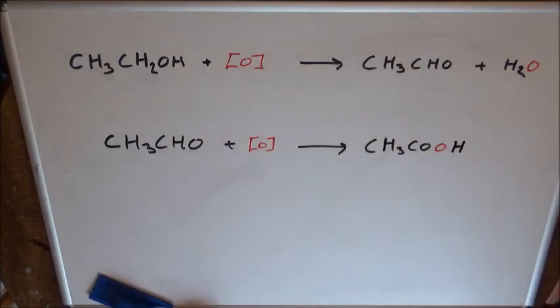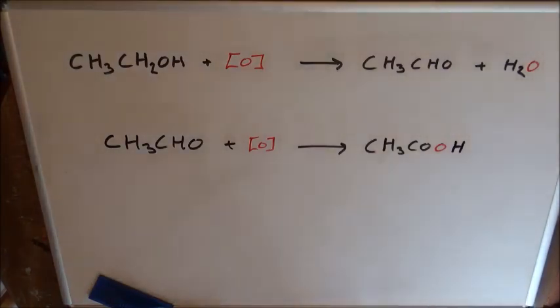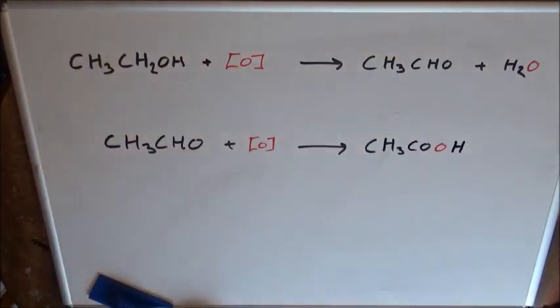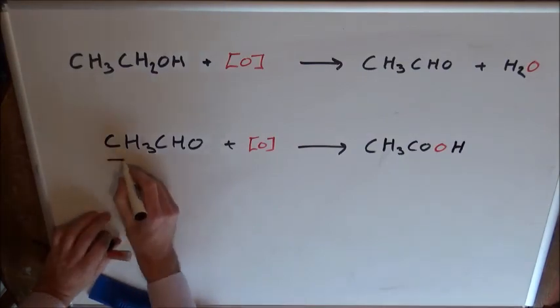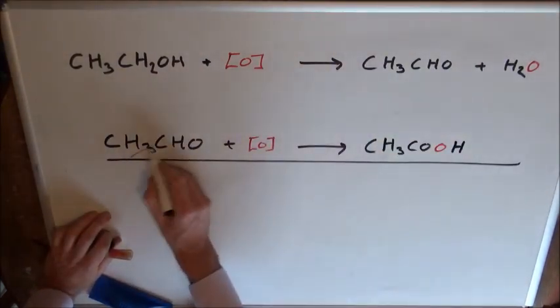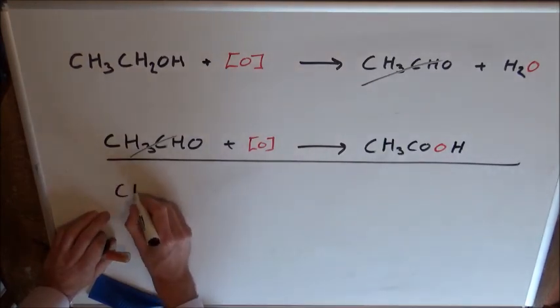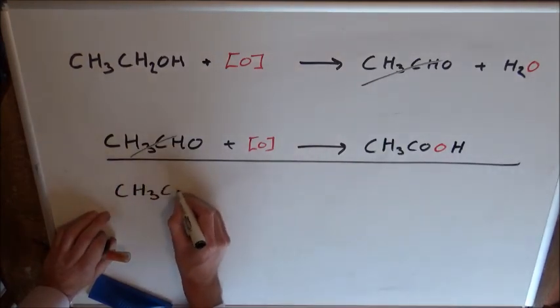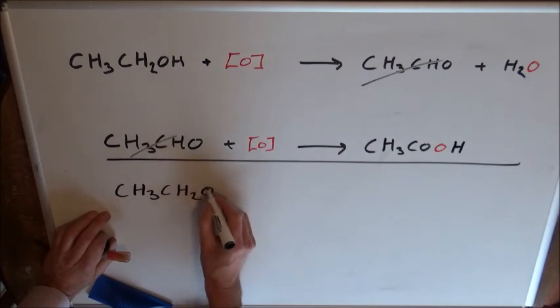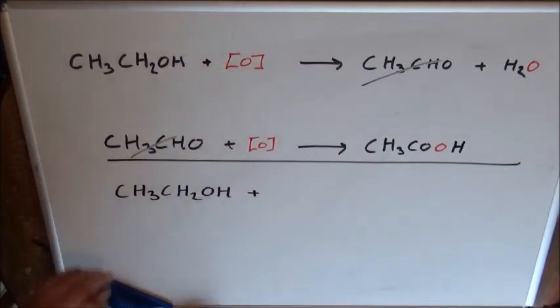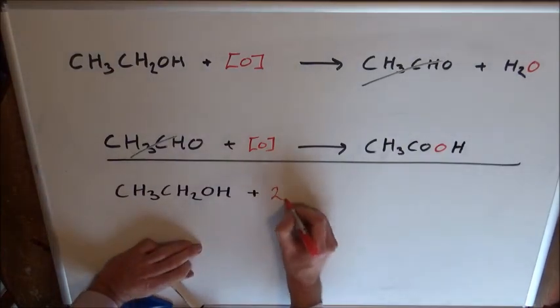But sometimes you're asked to write the reaction for the oxidation of the alcohol all the way through to the carboxylic acid in one step. So really you've got to combine these equations. What I can do is, if I cancel that out and cancel that out, then you can see that you need a molecule of ethanol, but this time you have to show two oxygen atoms.